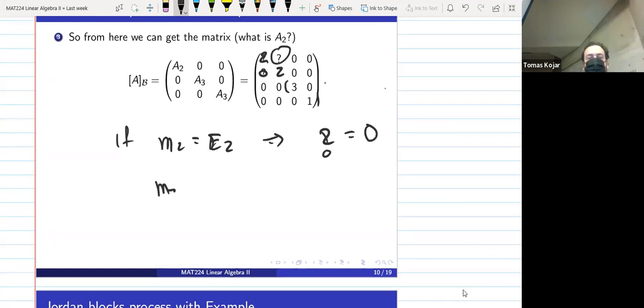But M2 is strictly bigger than E2, so you put a 1. Yeah, because we're doing Jordan canonical form. So it's either 1 or 0. If it's all zeros, you're diagonalizable, and if not, you put a 1.